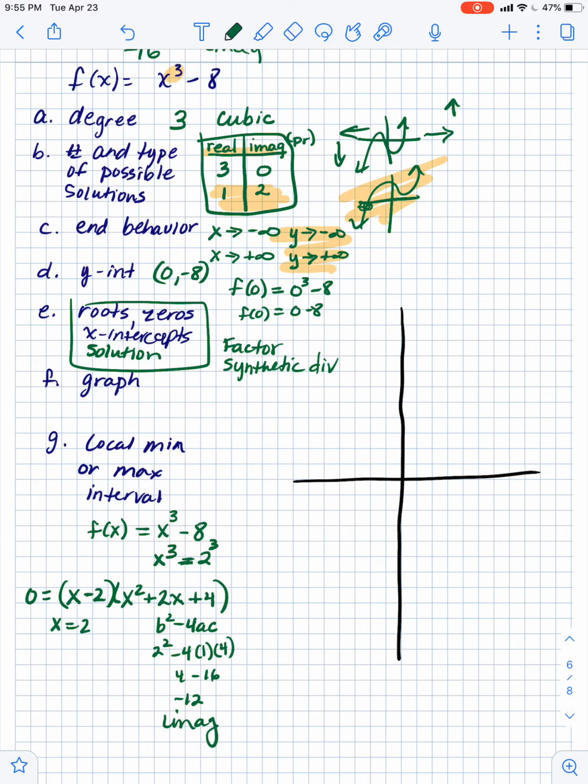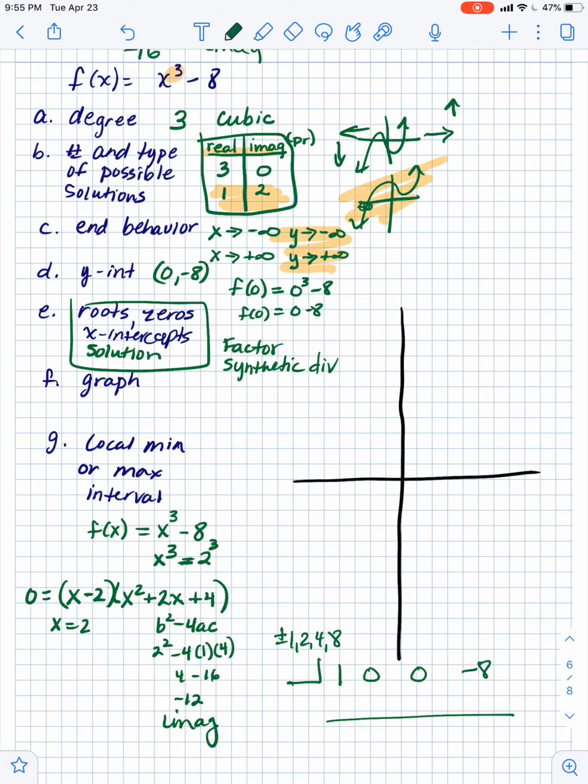So let's go ahead and I'm going to back up and show you just real quick synthetic division. I'm not going to run the whole thing, but I'm going to set it up for you. So synthetic division, we have x cubed, which is 1. There's no x squared, there's no x, and there's a negative 8. Okay? Now, again, you would use all the factors of 8: 1, 2, 4, 8.